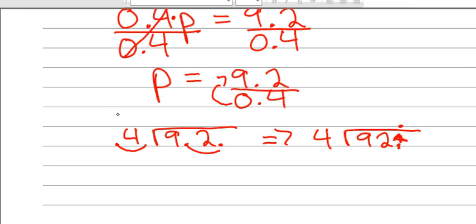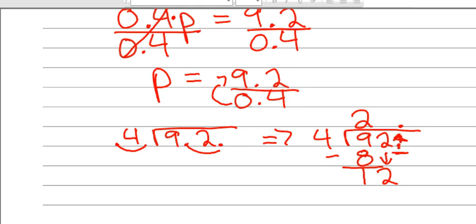So again, I moved that over 1, and I moved that point in between the 9 and the 2 over 1. And no decimal points, just this only one right here. And the point goes straight up. So does 4 go into 9? It does, 2 times. 4 times 2 is 8. Subtract that. You get a 1. Bring down your 2.